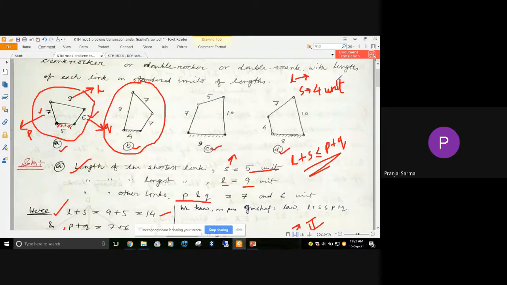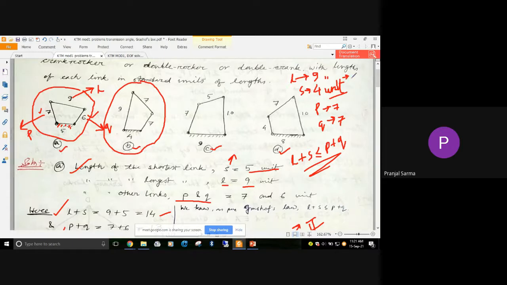But if you write 4 units, then it's good. Then S is done. L is 9 units. Then P and Q, 7 and 7, right. So 9 plus 4, that is L plus S equals how much?